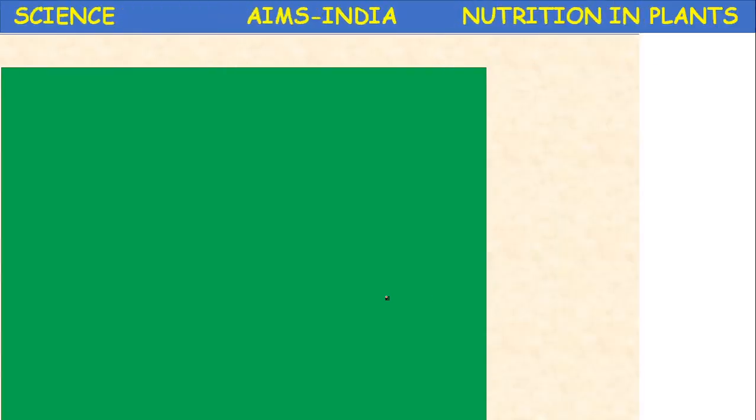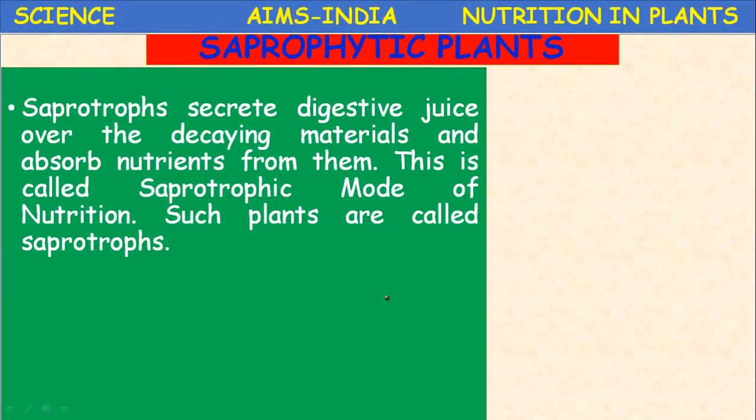Next, the saprotrophs secrete digestive juices over the decaying materials and absorb nutrients from them. This is called the saprotrophic mode of nutrition.